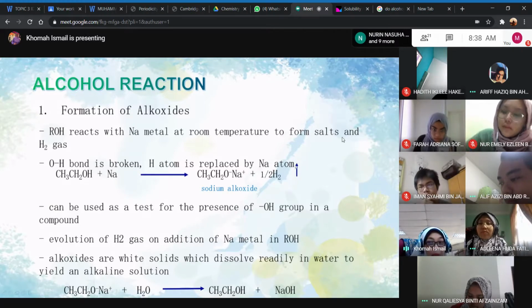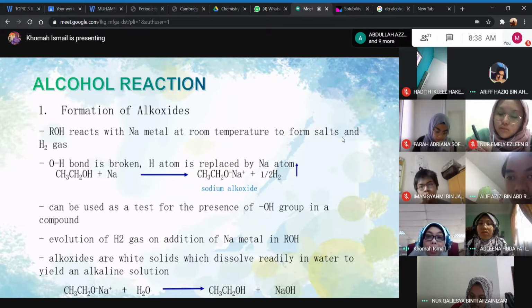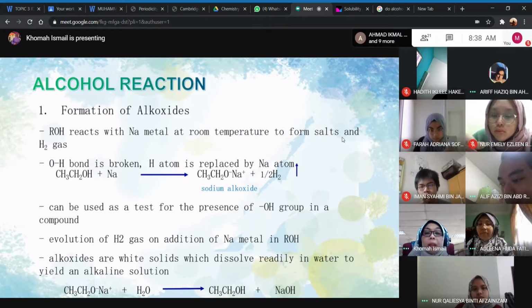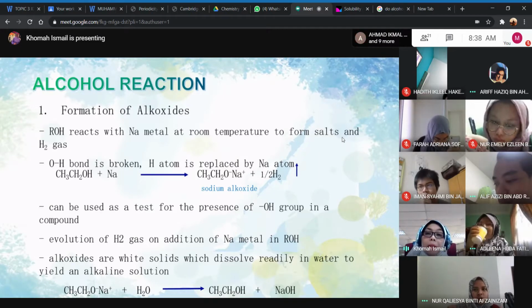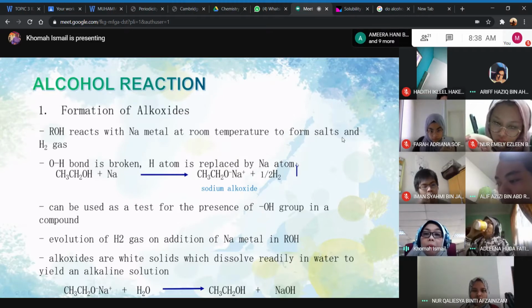This arrow shows that hydrogen gas is being released. Instead of writing gas as the state, you just put the arrow going outwards. That shows that the hydrogen is in the form of gas and will be released.